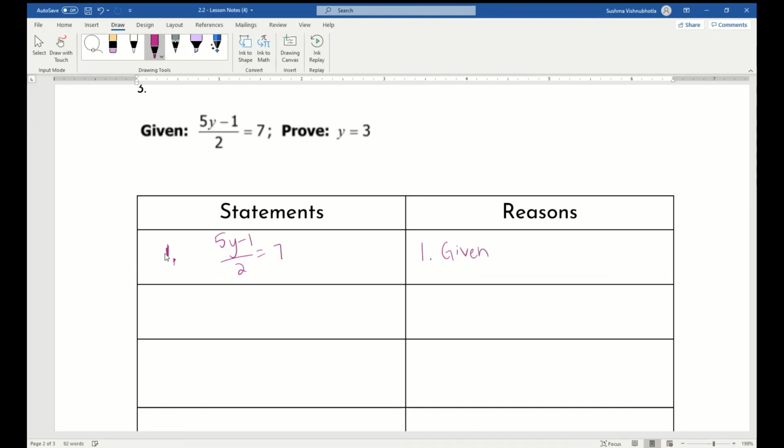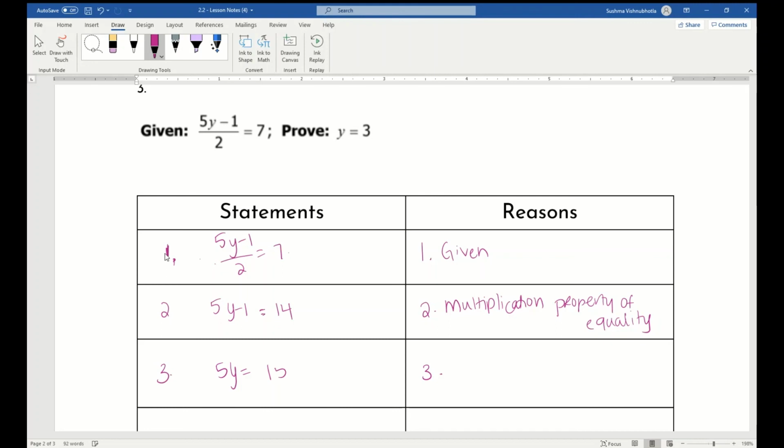And I know I want to undo the division here. So I'm going to multiply both sides by 2, which is going to get rid of the fraction here. And my justification is the multiplication property of equality. Then I know I'm going to add 1 to both sides.